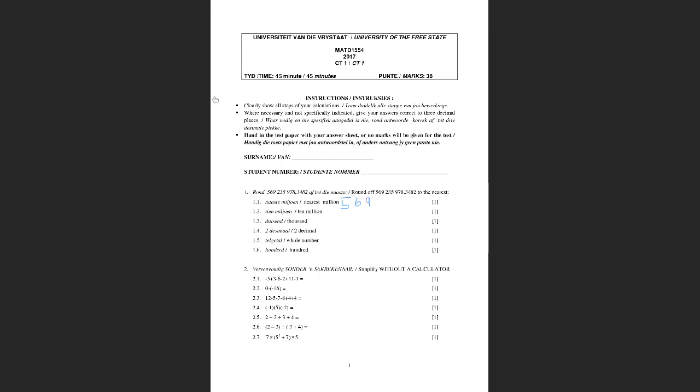That is the 2 is the 100 million, 3 is the 10 million, and 5 is the million. Oh, sorry. 2 is the million, sorry. No, let's start again. The nearest 1 million, it was going to fall on the 9.